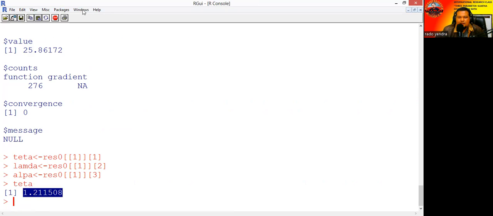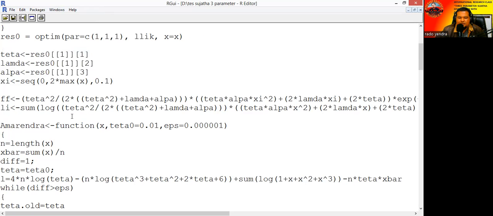Okay, after that, we must give the xi. Xi is the sequence from 0 until 2 times the maximum of the data with the step 0.1. It means the data will give you the information starting with 0 and then 0.1, 0.2, 0.3 until 2 times the maximum of the data.